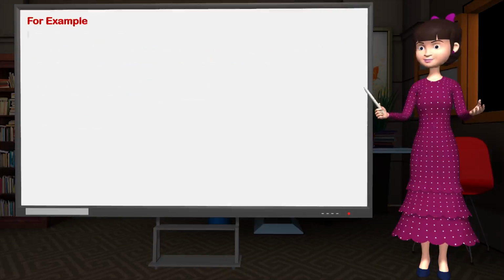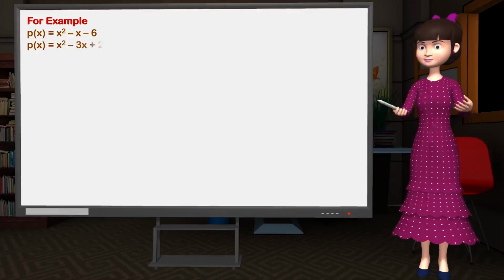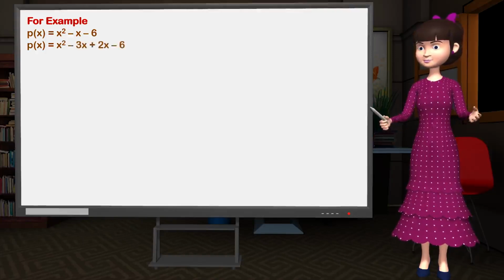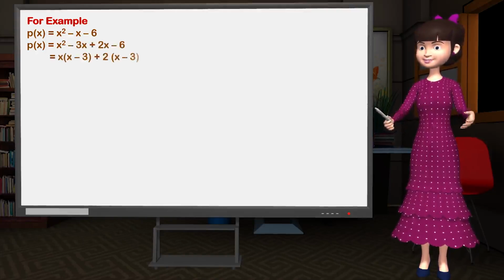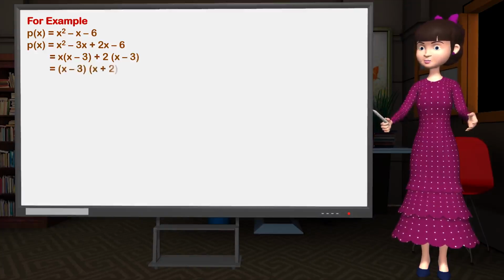For example, p of x is equal to x square minus x minus 6. P of x is equal to x square minus 3x plus 2x minus 6, which is x into x minus 3 plus 2 into x minus 3, that is equal to x minus 3 into x plus 2.